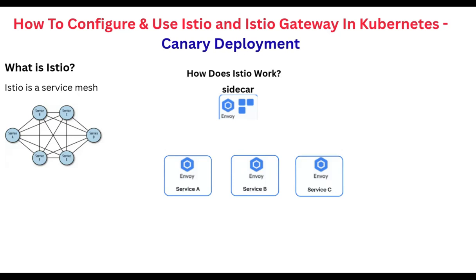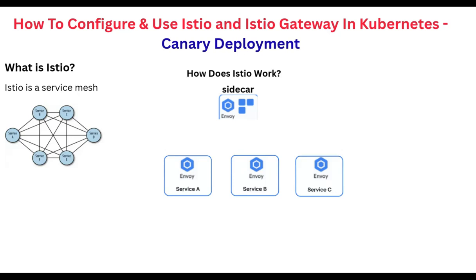Those proxies will be the ones to handle the communication logic: communication between services, TLS encryption, traffic routing, load balancing, observability, access control, and any other logic developers should not worry about. So that's what the Envoy proxy would do.